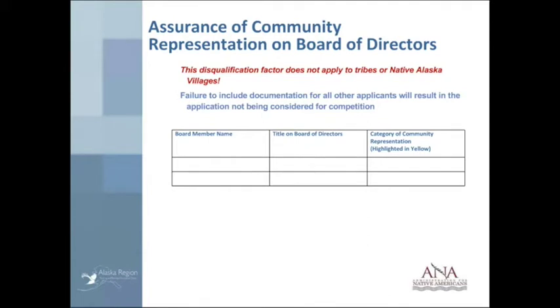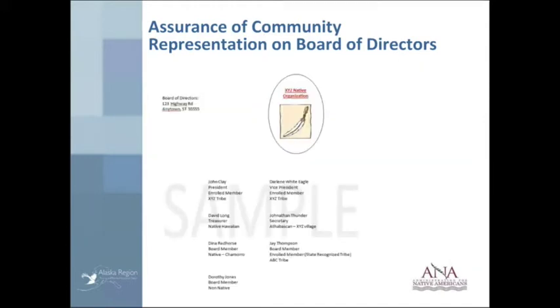You might also want to include organizational charts, meeting minutes, and articles of incorporation to document your board makeup. This is just an example of, in addition to the table I just showed you, another way you can also list out each of your board of directors.